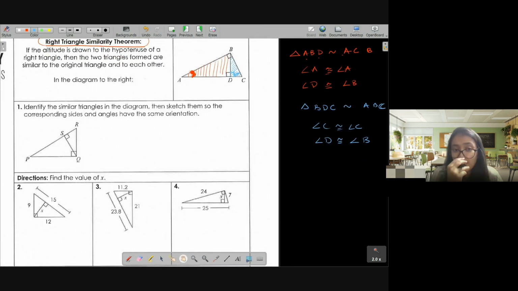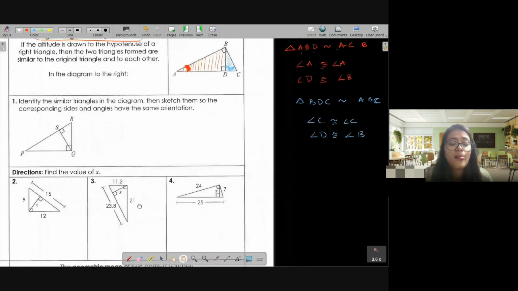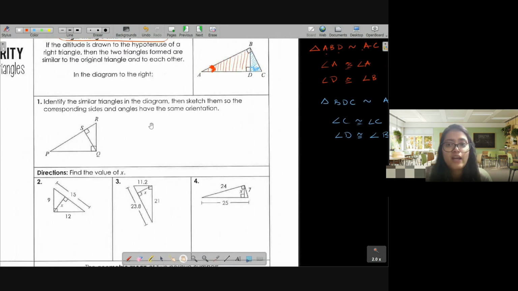In these questions, it's always a better idea to draw the triangles separately. In question number 1, they ask to identify the similar triangles in the diagram. First, identify them, like the red and blue triangles in this diagram, then sketch them so the corresponding sides and angles have the same orientation. So you have to draw them separately.